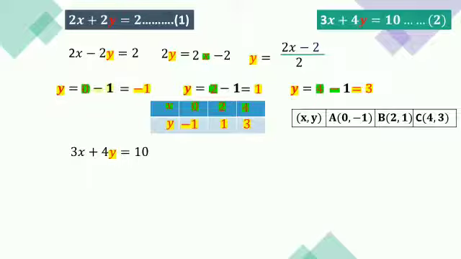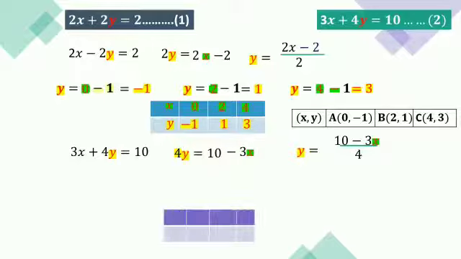Next, we shall solve for y in the second equation. 4y is equal to 10 minus 3x, so y is equal to 10 minus 3x by 4. Let us have a table of values for x and y. Put easy values for x. I have put 0 here, so 10 by 4, which is equal to 2.5.